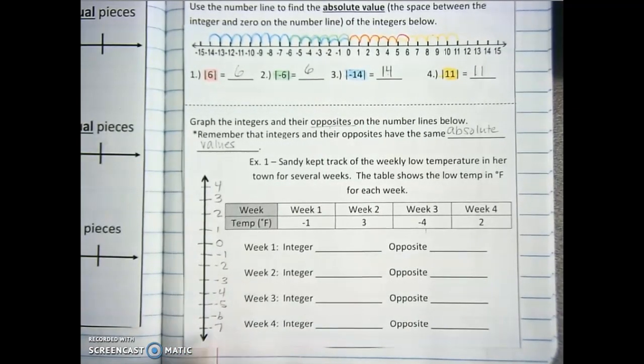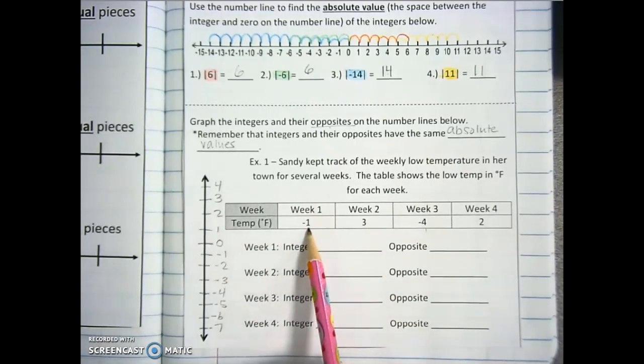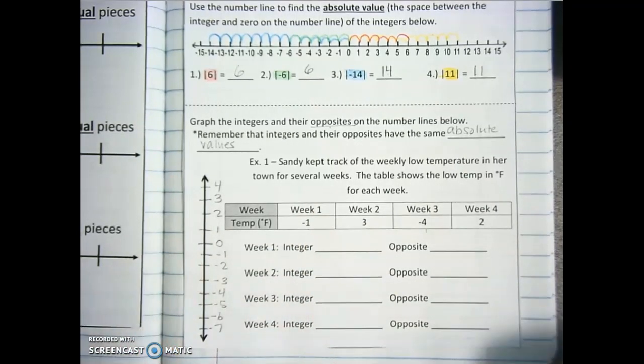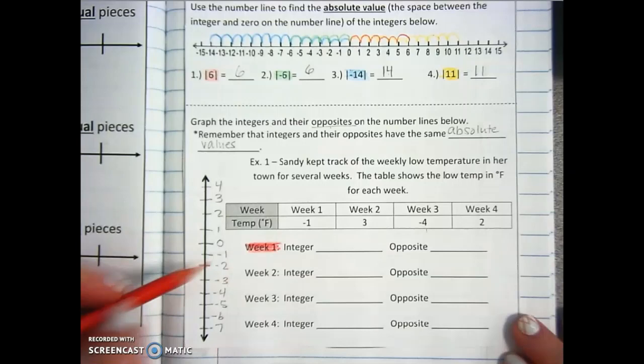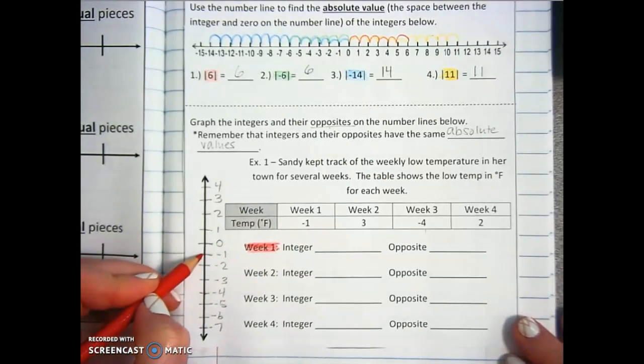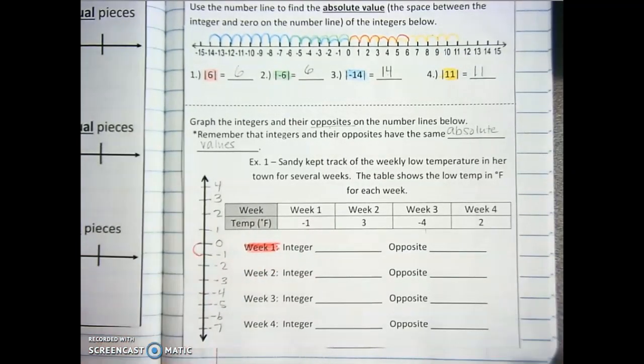Okay, that's plenty. Now the first one is week 1, which is -1. Let me do the color coordinating again. I'm going to do week 1 in red. I'm going to start at -1 and count to get to 0, and that's 1 space.